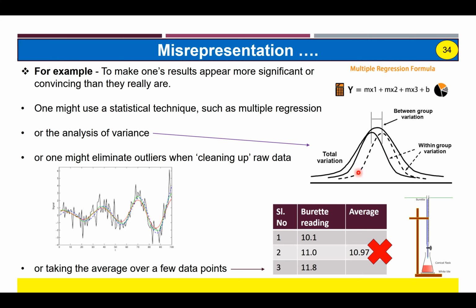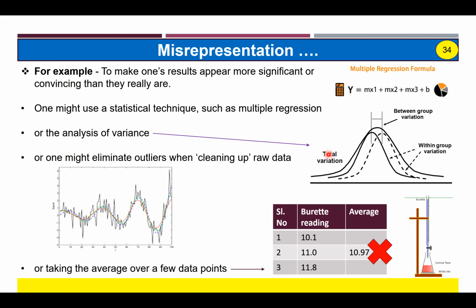So when you're doing the variance analysis, the better fitting will come from something like a multiple regression when there is a non-linear fitting you want to do, right? Instead of y is equal to mx plus c, which gives you a straight line. But if your data is not on a straight line, and deviates a little bit, then you put in the multiple regression formula.